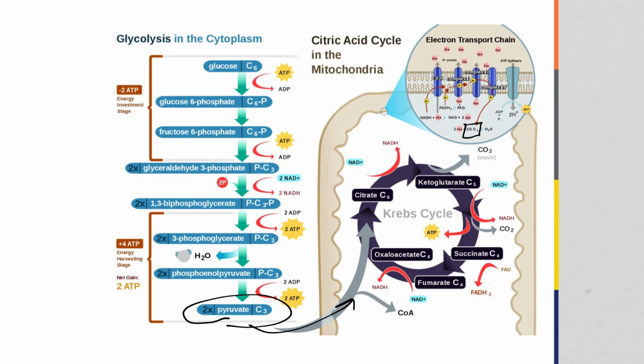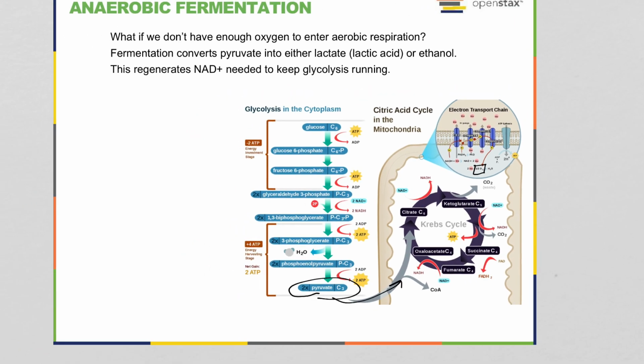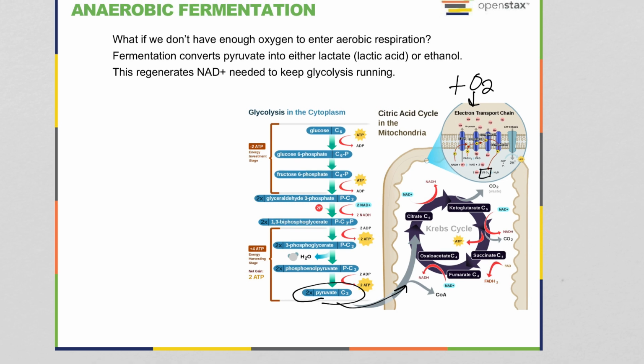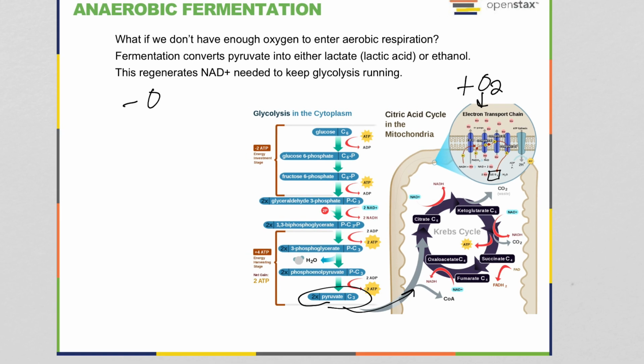Okay? And so when you hear the terms aerobic and anaerobic respiration, aerobic just means you have oxygen in your mitochondria, and you'll send as much of that pyruvate this way as you can. If you don't have oxygen, or you don't have enough of it, you're going to have to go through fermentation. Okay? And so these 2 terms, anaerobic respiration and fermentation, they go together, but they're not exactly the same thing. Right?